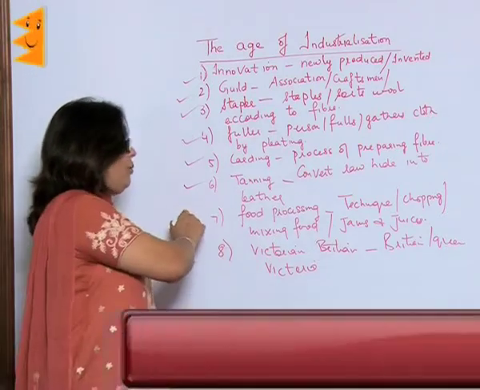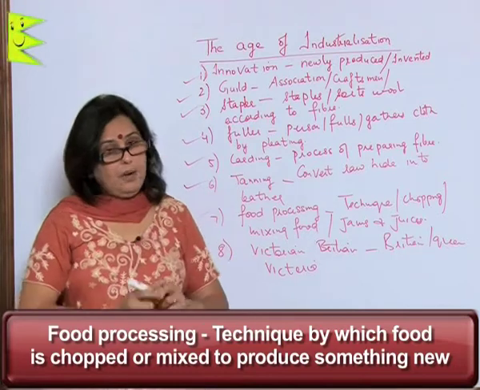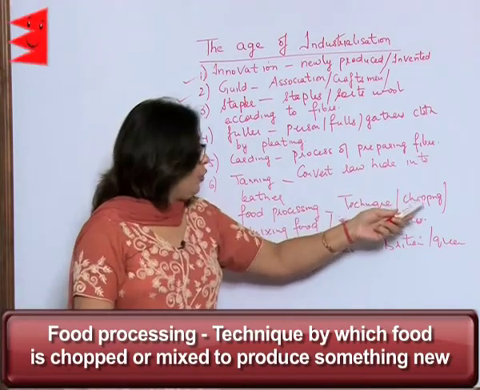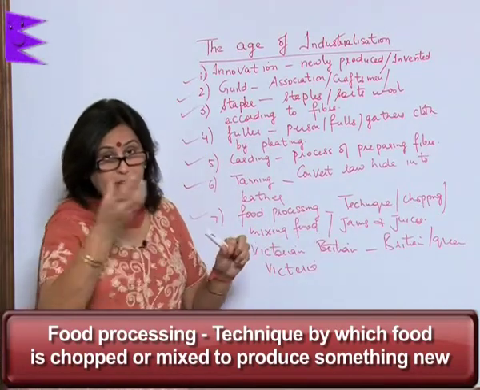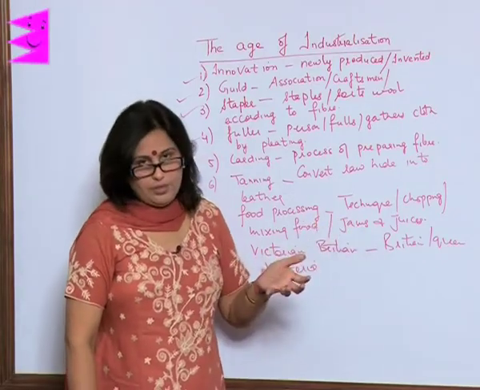Next is food processing. Food processing is a process or a technique by which you chop and mix food and bring out something new. That is, it could be a jam or a juice.